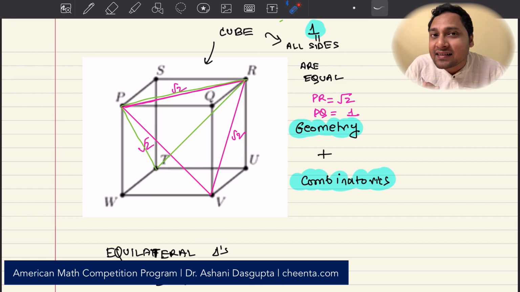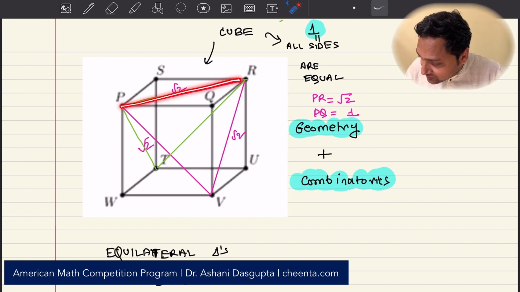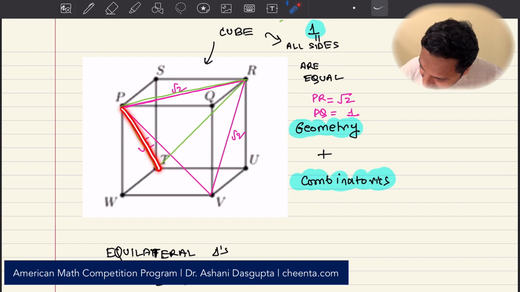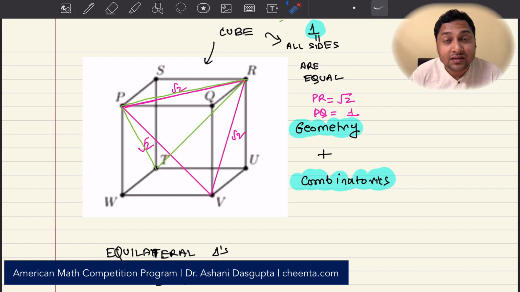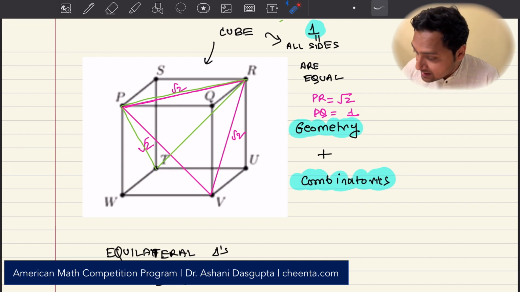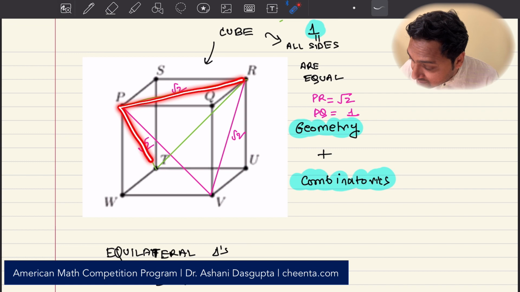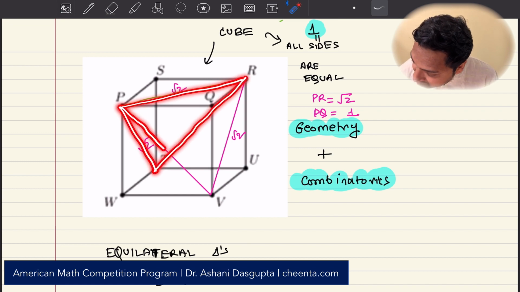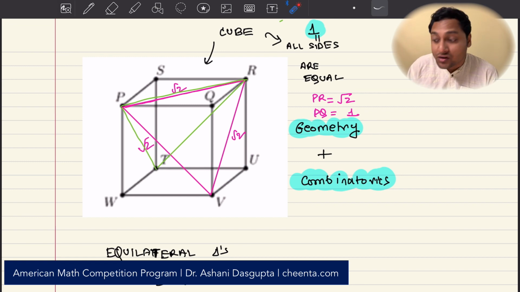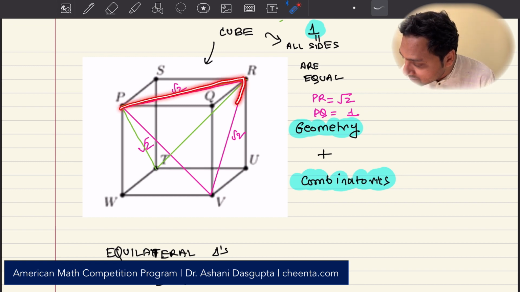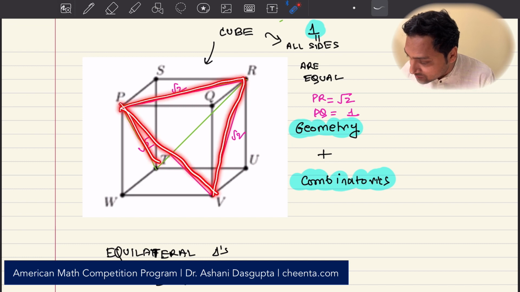So how many square diagonals are coming out of P? So one here, and one here. These are the 3 square diagonals which are coming out of P. Each of these square diagonals is producing 2 equilateral triangles. One here for PR.